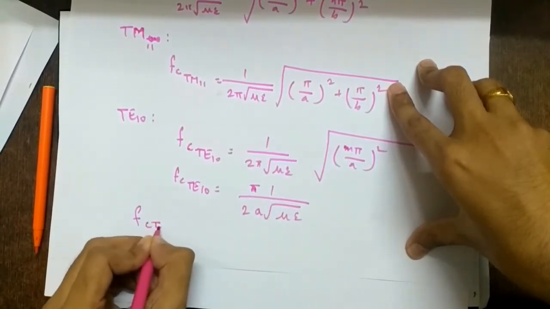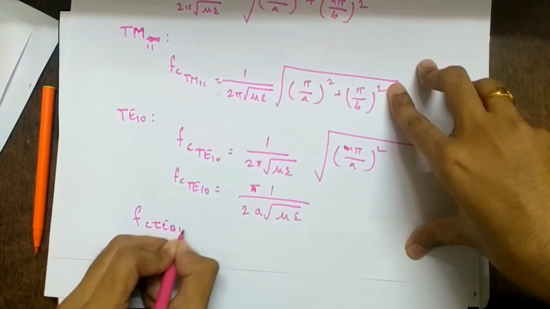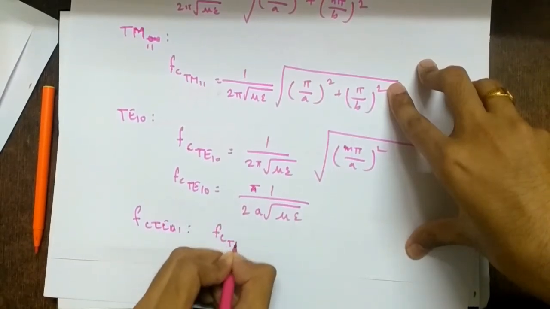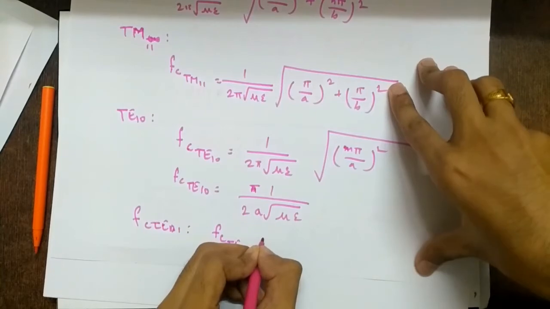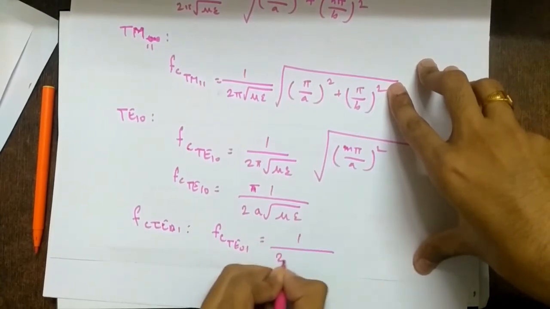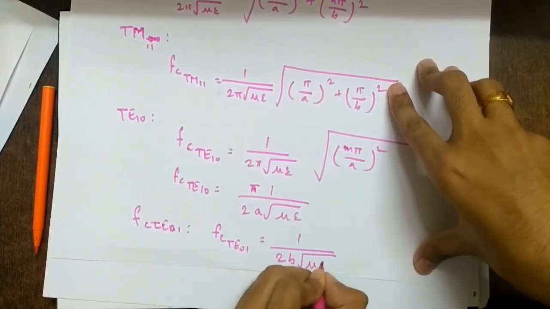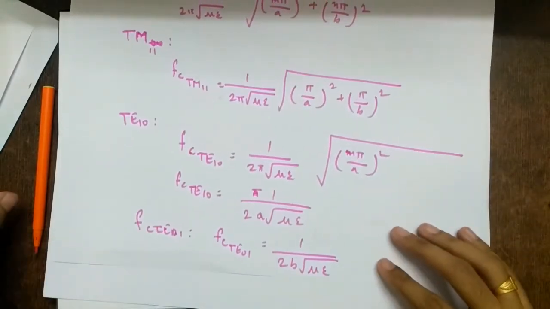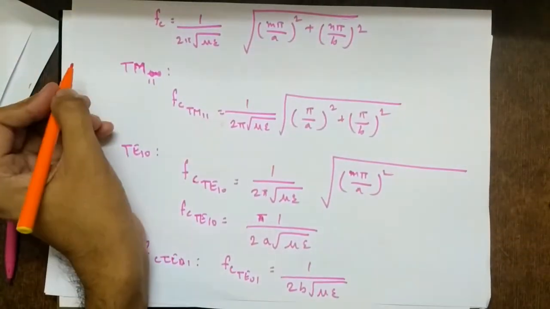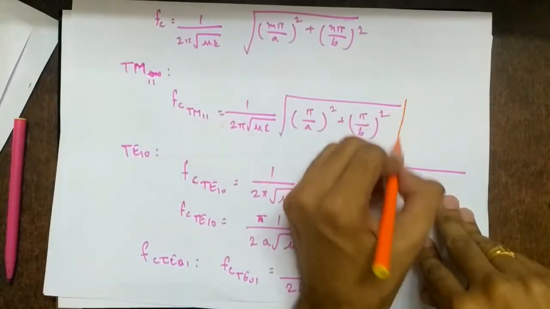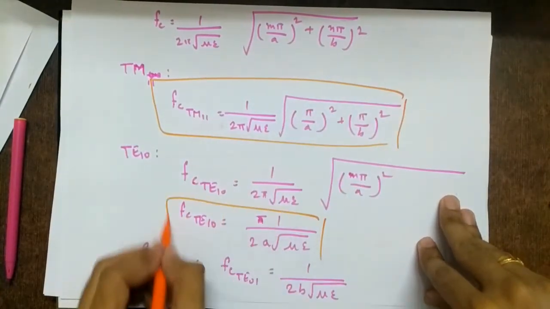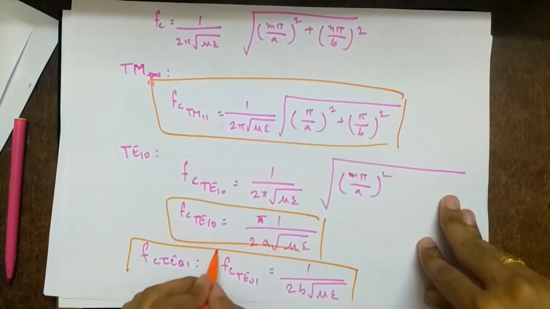Similarly, you calculate for TE01 and you get fc for TE01 equal to 1 upon 2b square root of με. These are the lowest order modes; TM10 and TM01 do not exist, so that is not a question. So this is the equation, this is the equation, and this is the equation, right?